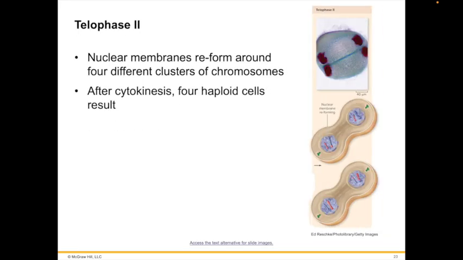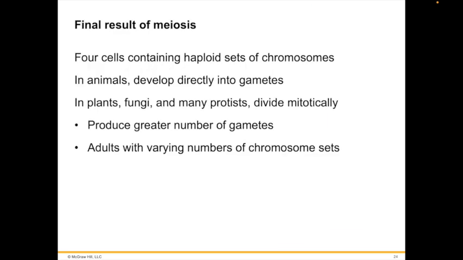The cells that contain these haploid nuclei may develop directly into gametes as they do in animals. Alternatively, they may themselves divide mitotically as they do in plants, fungi, and many protists, eventually producing greater numbers of gametes, or, as in some plants and insects, adult individuals with varying numbers of chromosome sets.